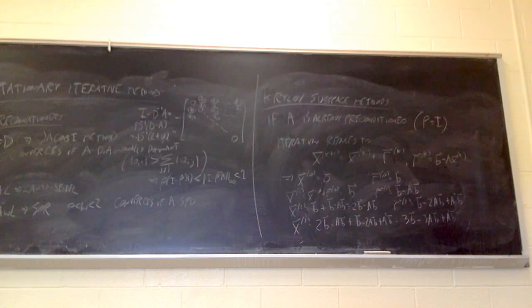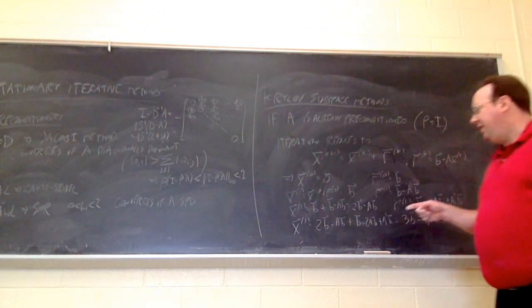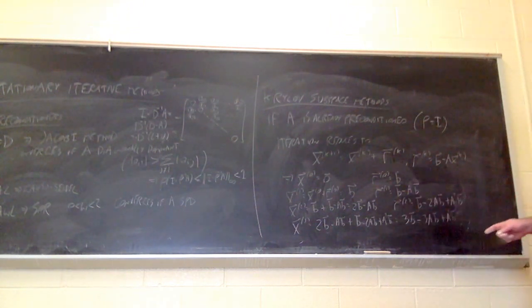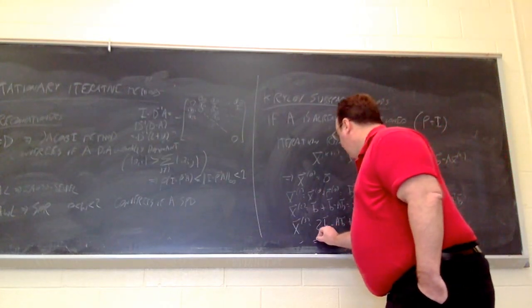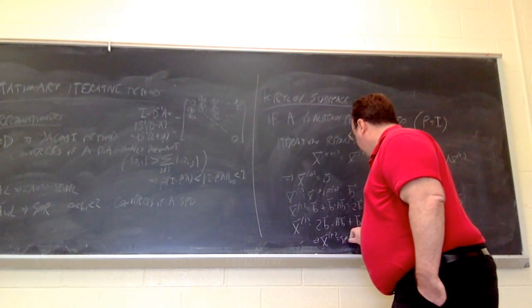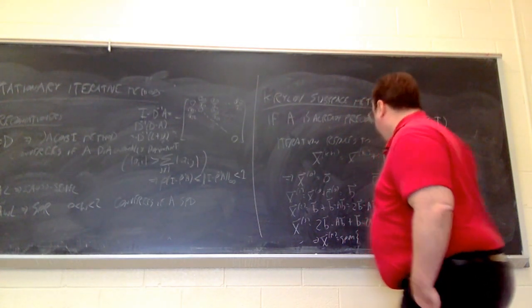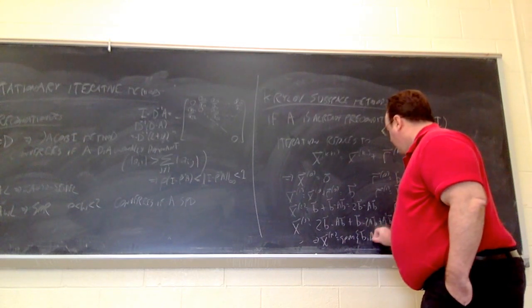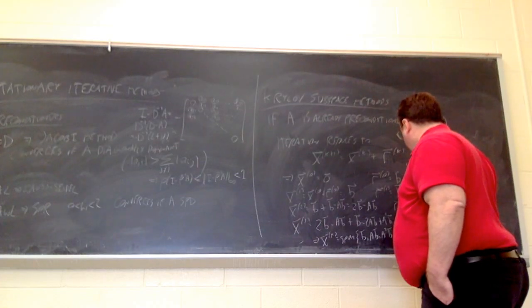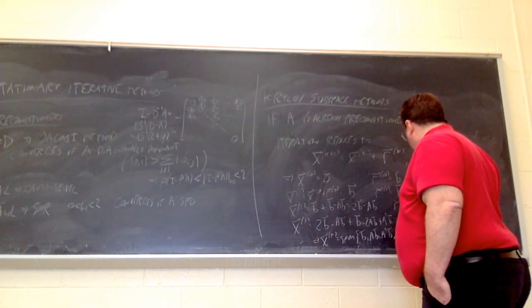So if you look at what form the solution has, here we had just b. The second time around we have a linear combination of b and Ab. The third time around, a linear combination of b, Ab, and A squared b, and so on. So what we could say is x_k belongs to the span of b, Ab, A squared b, and so on, all the way up to A to the k minus 1 b.